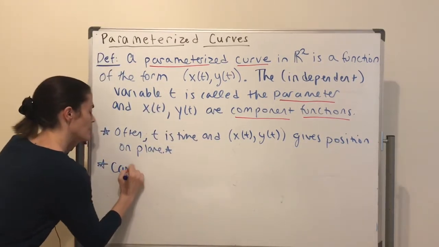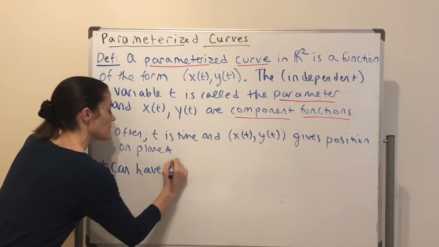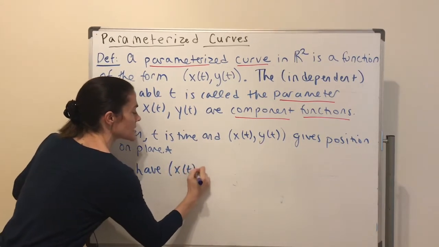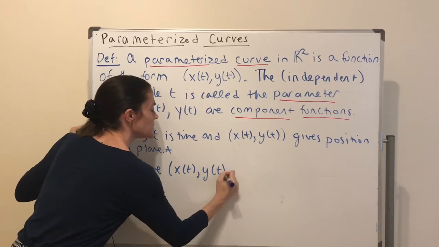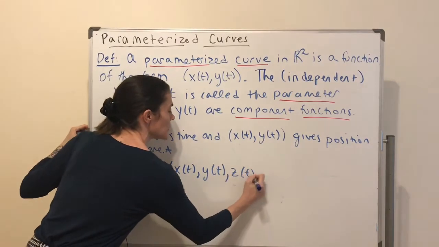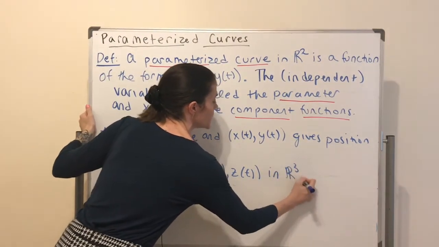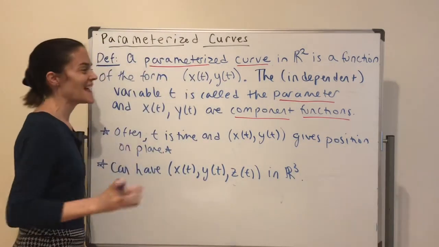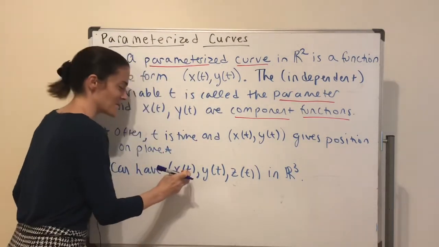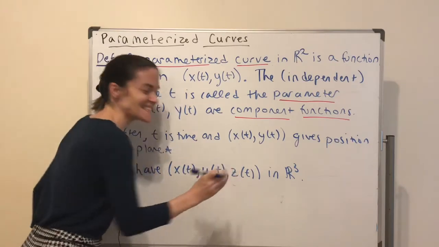Now, the other thing that I will mention is there's no reason to restrict to R2 here. You can have a parameterized curve x of t, y of t, z of t. This would be in R3. And here, well, the component functions are three of them, x of t, y of t, and z of t.